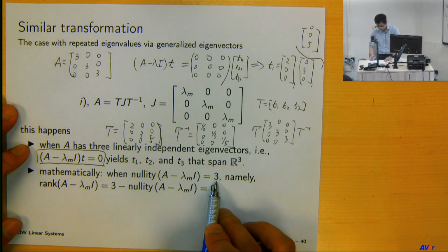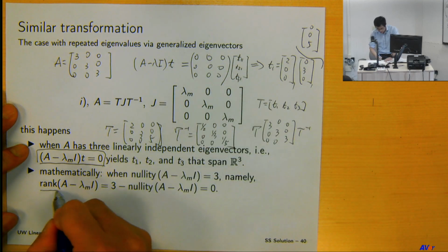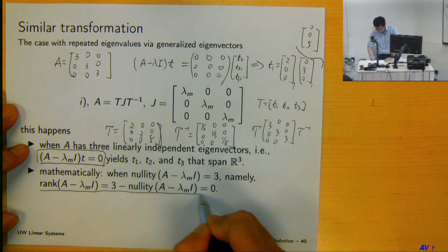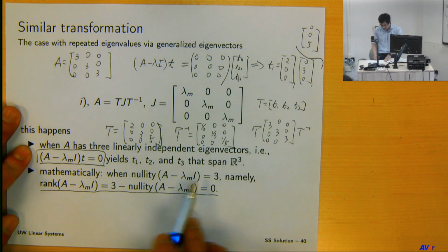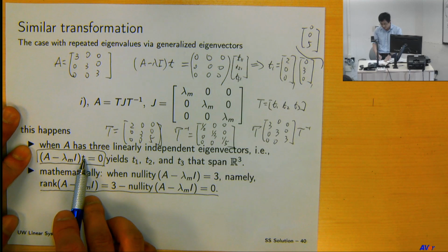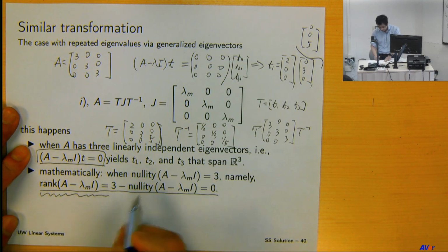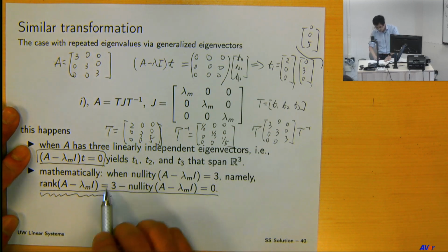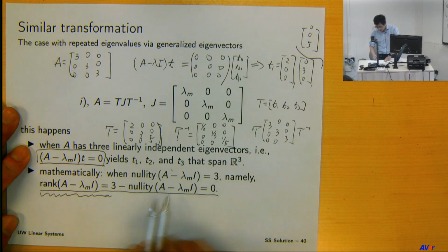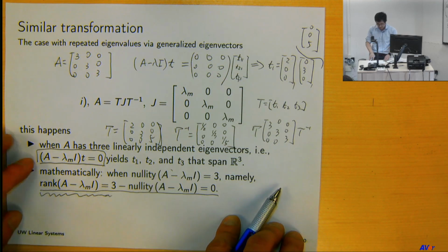So mathematically, you can check by using this formula. If you want to find how many linearly independent solutions I can get from here, compute the rank of this matrix. The rank equals 3 minus the null space dimension. If the rank is 0, then you get 3 linearly independent eigenvectors.